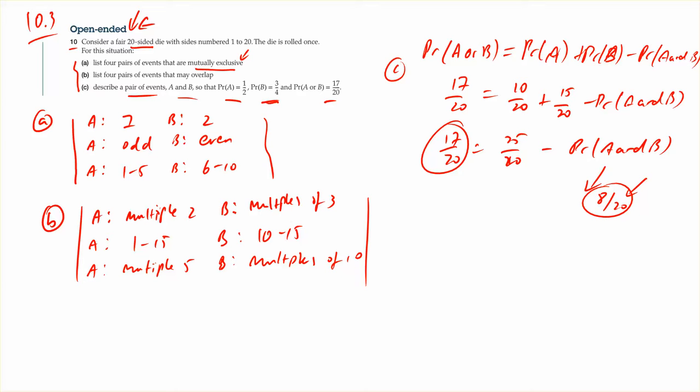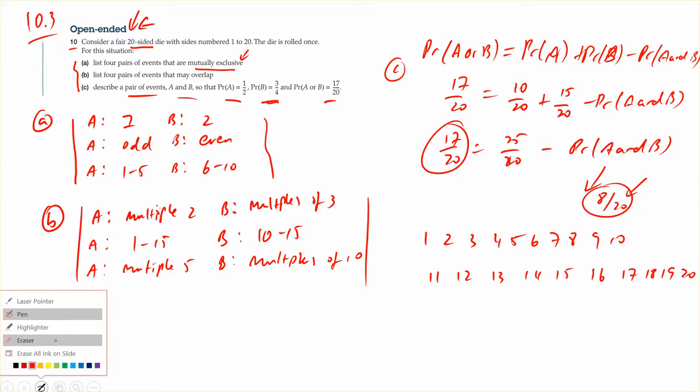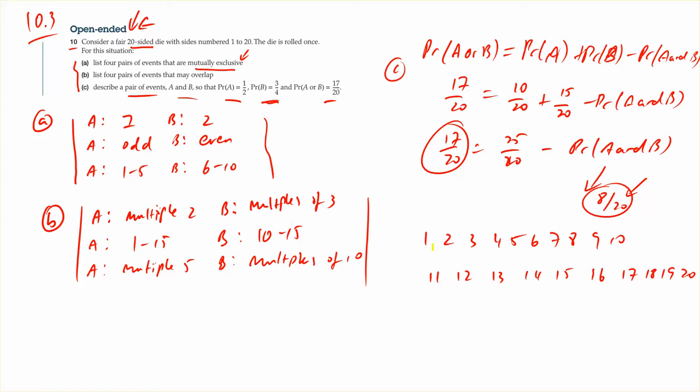Like I said, I want to find something that's not complicated, so let's do it in a systematic way. 1 to 20. Now, I want event A to be a half, so let's choose the first half of the 20 numbers.